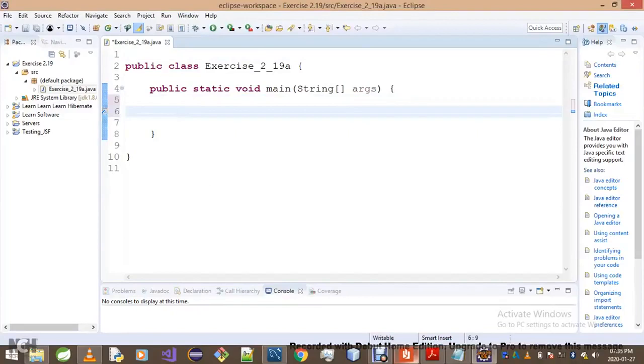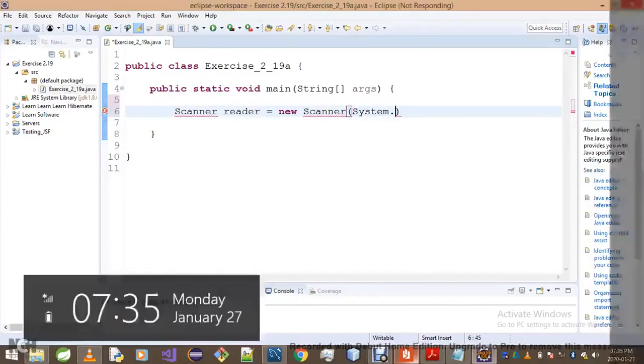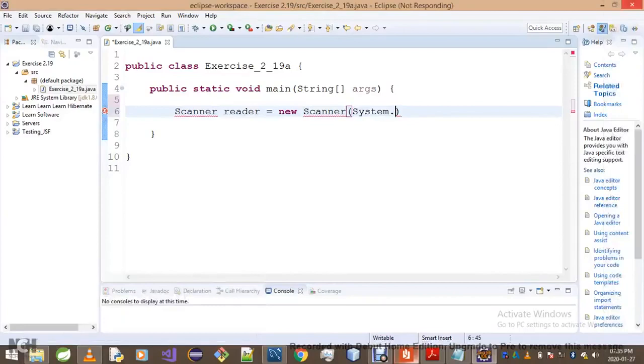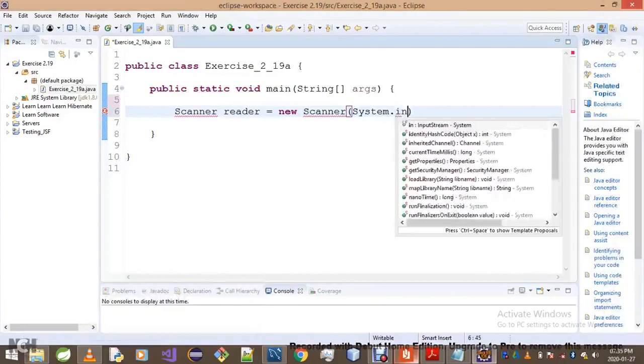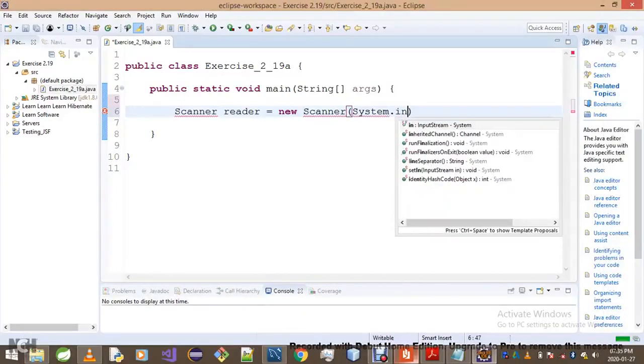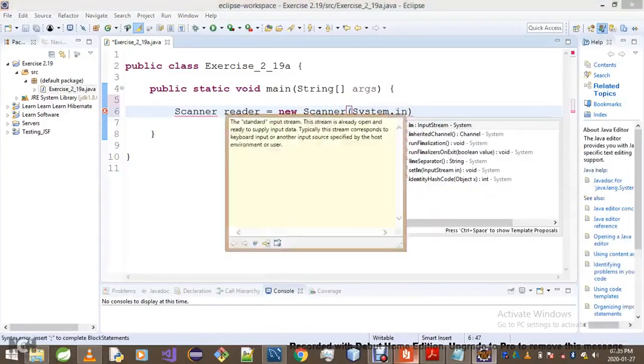What you're going to have to do first is the obvious thing, which is to create our scanner, reading from a keyboard, of course. There are many ways one can go about solving this problem.